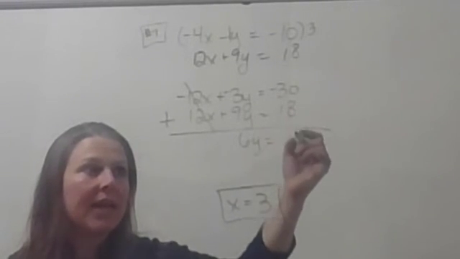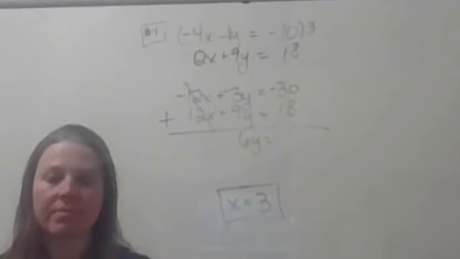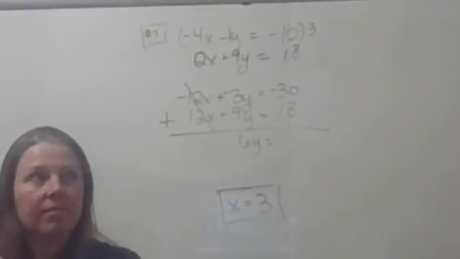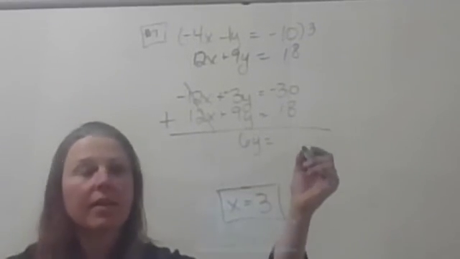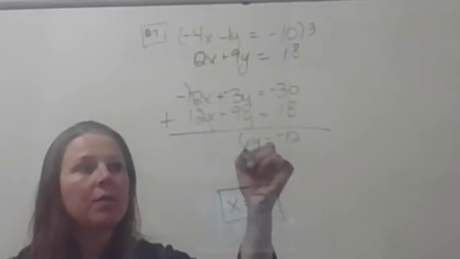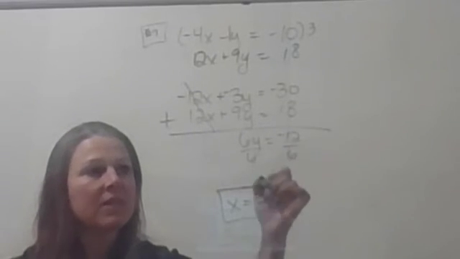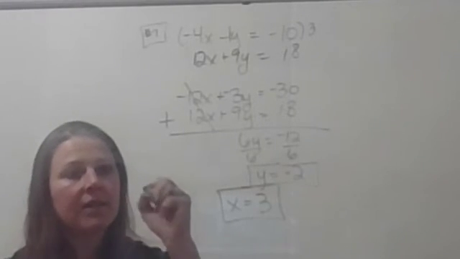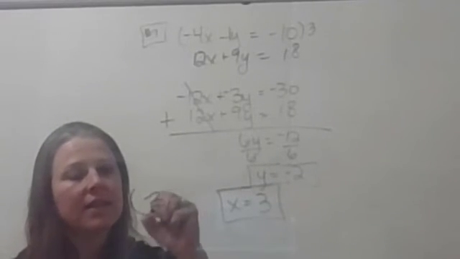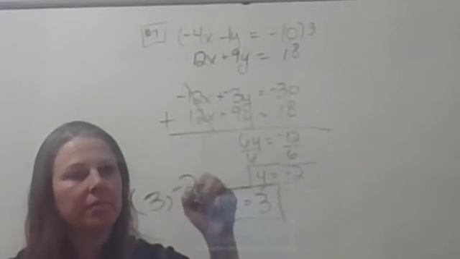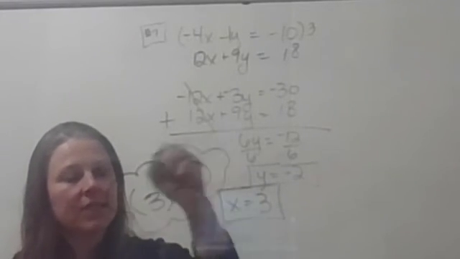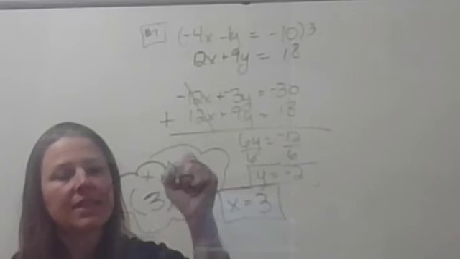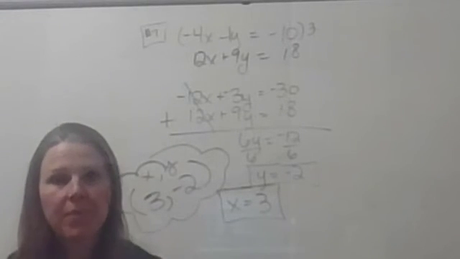Negative 30 and 18 is negative 12. And when you divide both by 6, you get y is equal to negative 2. So it's appearing that our ordered pair solution is 3, negative 2, because the ordered pair solution is x and then y. It's over and then up.